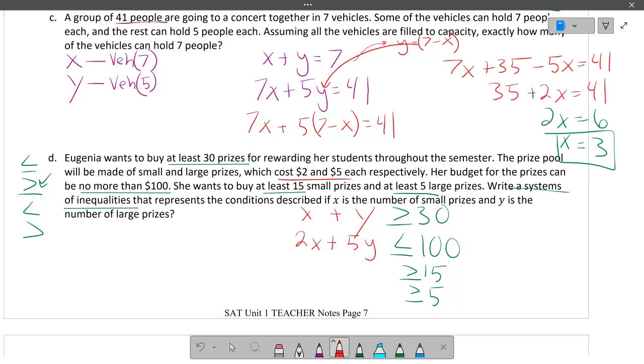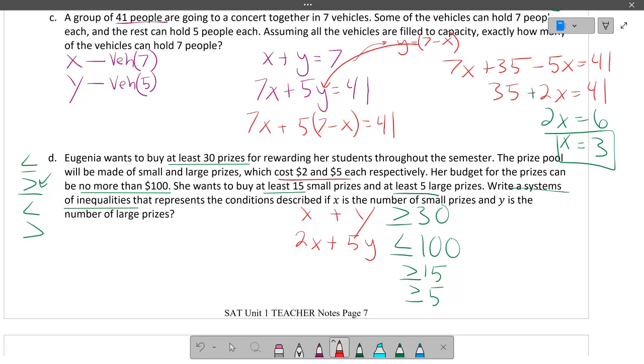So x and y is the amount of prizes. The amounts added together has to equal the total amount. 2 and 5 are the cost of the prizes. So the total cost has to be less than the restriction.